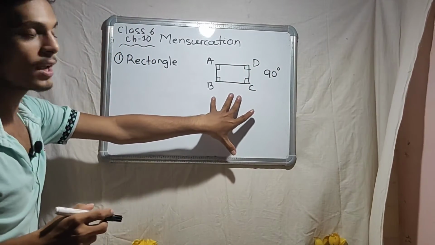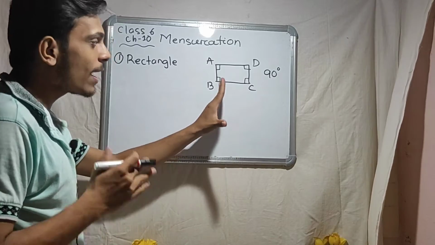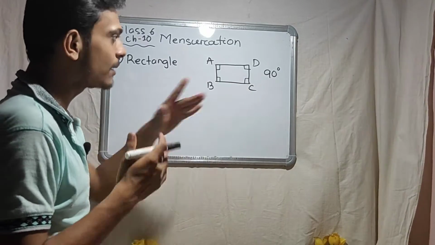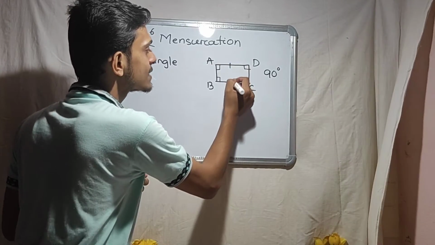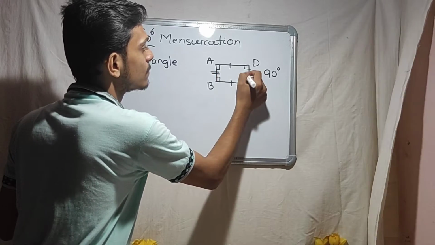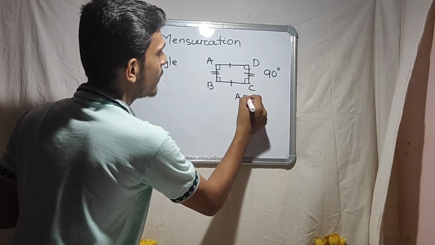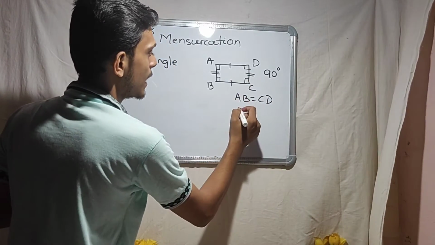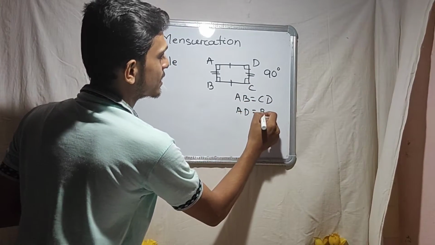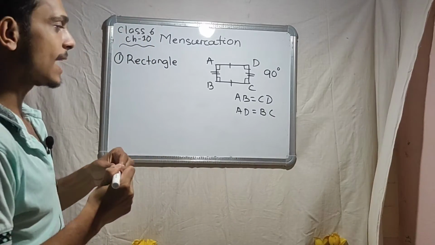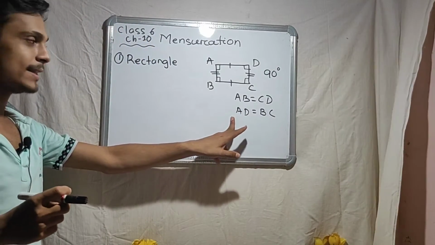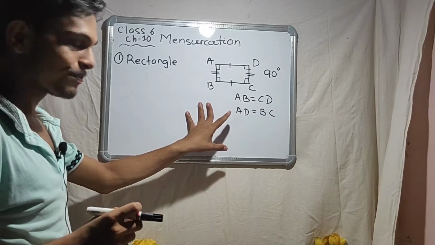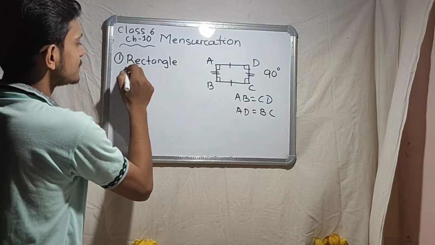It has 4 sides, and another property is that the opposite sides are equal. It means AB is equal to CD and AD is equal to BC. The opposite sides are equal. This is a rectangle, and it has 4 sides.